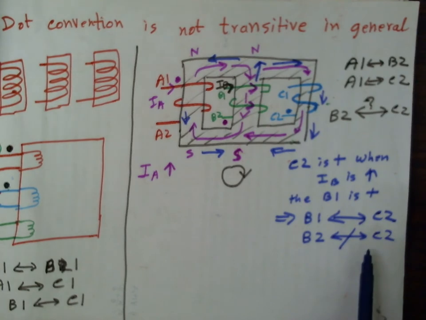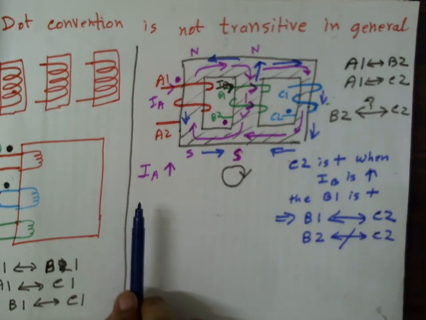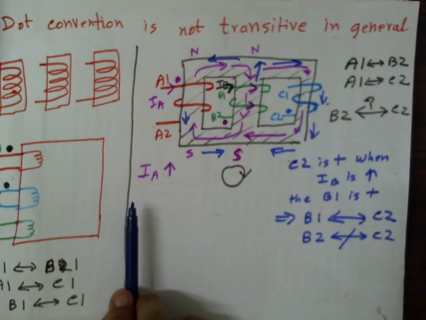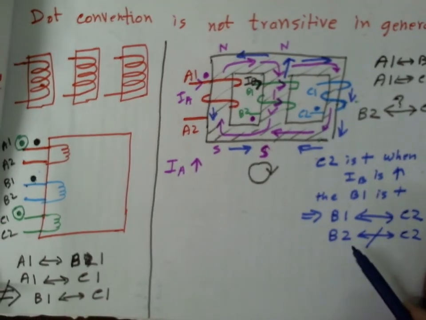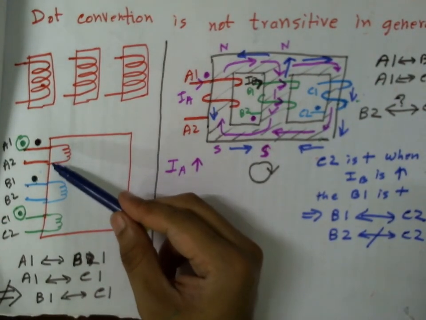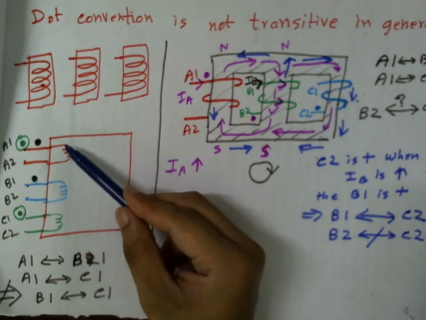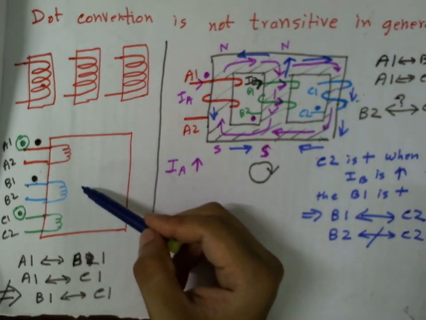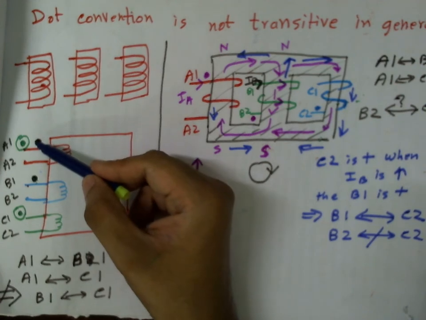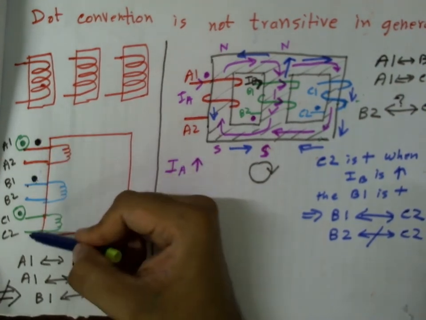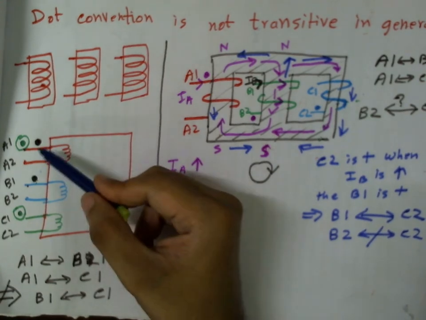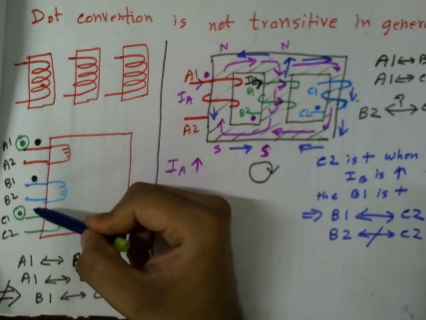Right? So the message from this discussion is that if we have a black box like this, and if we really don't know how the coils are wound up inside this black box, then putting dots for these three coils or more than two coils is difficult, right?